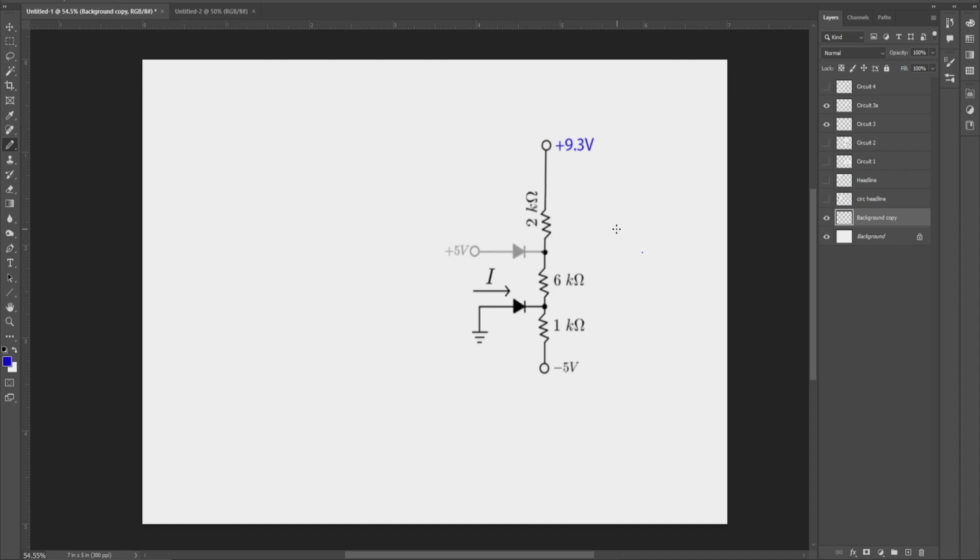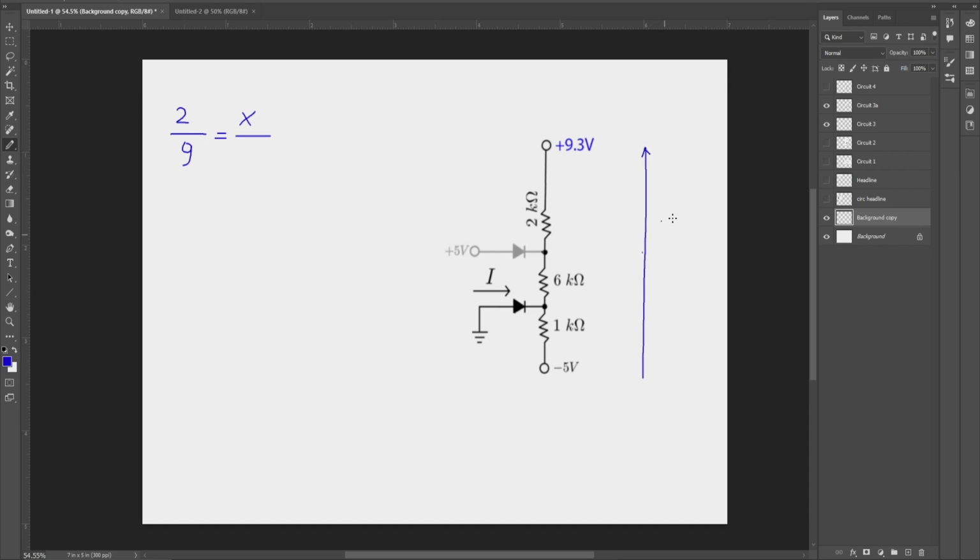So what we have here is 2 divided by 9. That is, that resistor, I'll skip the kilos, divided by 9 kilos, gives us the voltage drop across this resistor divided by the total voltage from here to here.